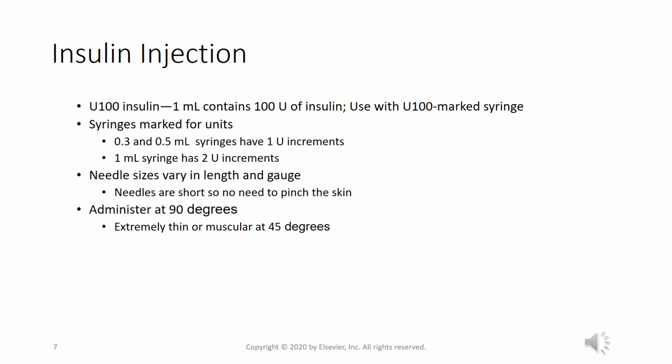For adults, it's pretty standard, the 0.5 ml or 1 ml. So if we were giving 5 units of aspart, we would want to use that half a ml syringe. And then there's just some other tips here on selection and administration that should be a review.